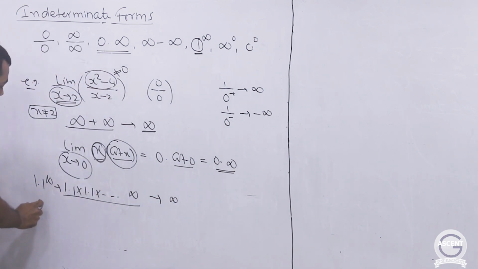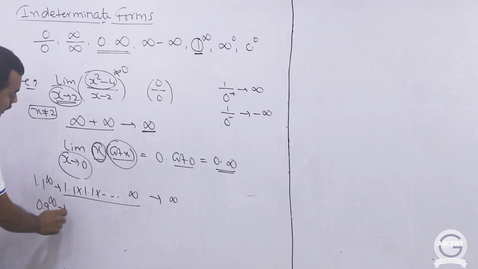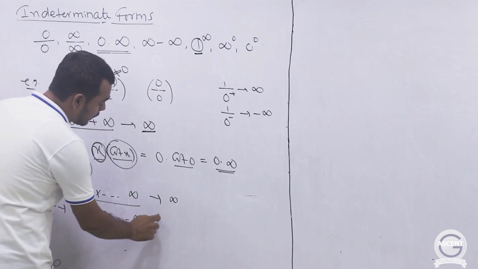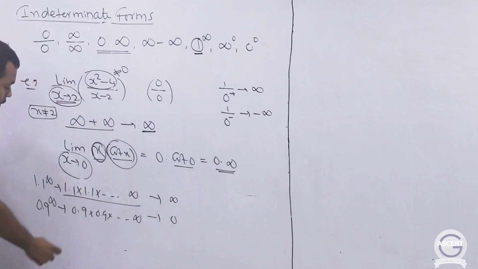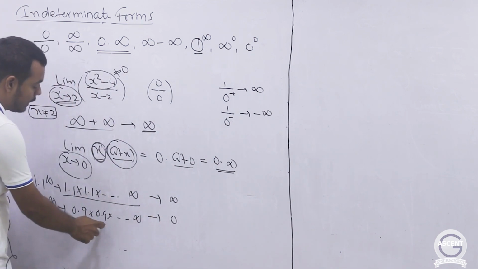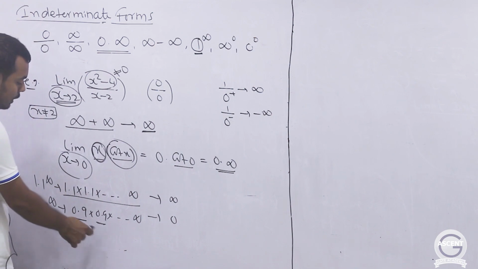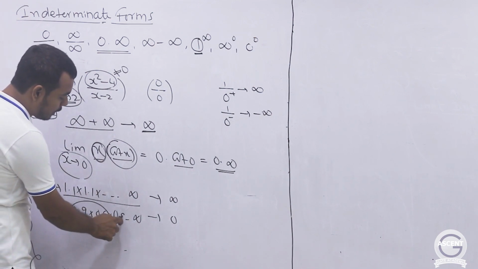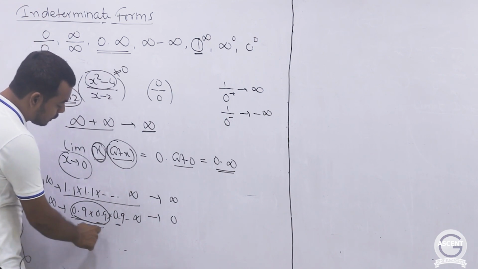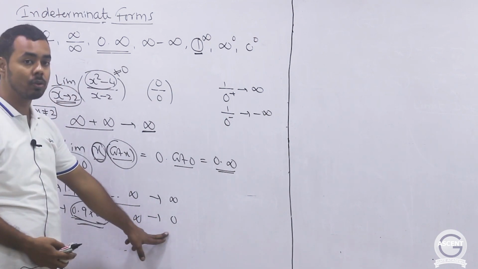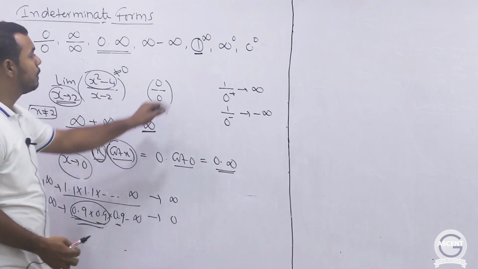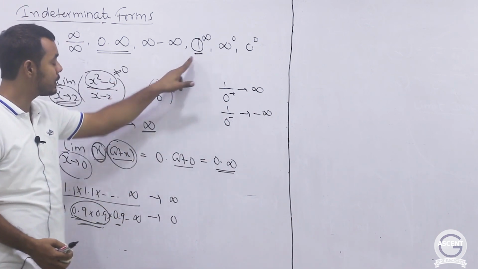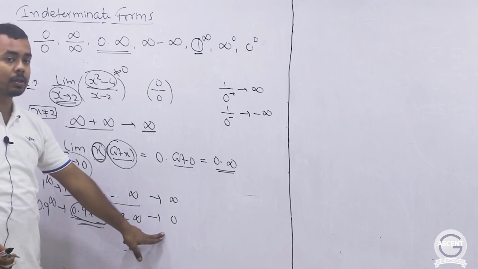But if you have a number slightly smaller than 1 and multiply it infinite times, you will get a number close to 0, because 0.9 into 0.9 is less than 0.9. This will be 0.9801. Then multiplied by another 0.9 will be less than this number. So gradually this number will approach 0. So if the base is slightly more than 1, you will get infinity. If the base is slightly less than 1, you will get 0.